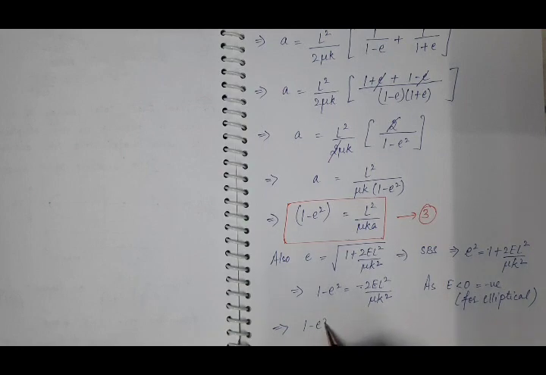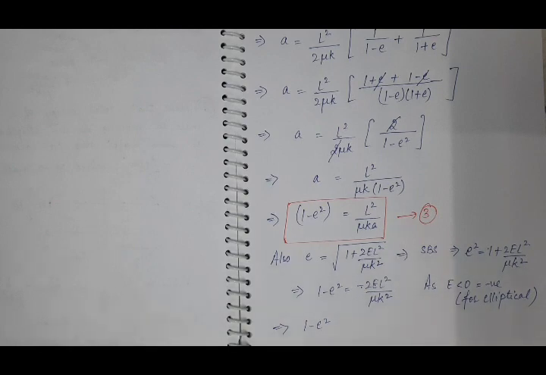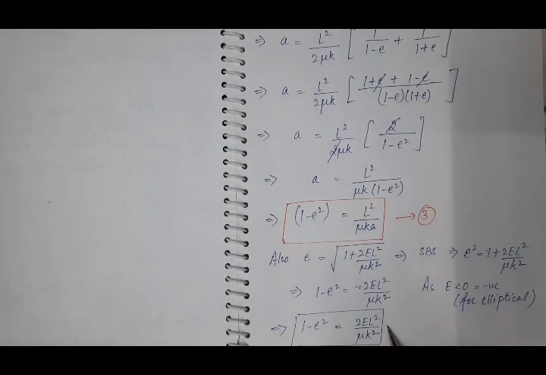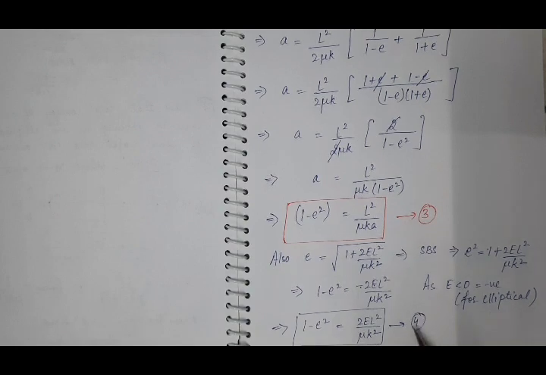Read the statement again: an elliptical orbit is given. So 1 minus e square is equal to 2EL square by mu k square. Suppose this is equation 4.